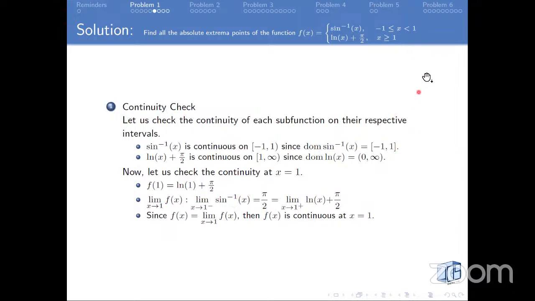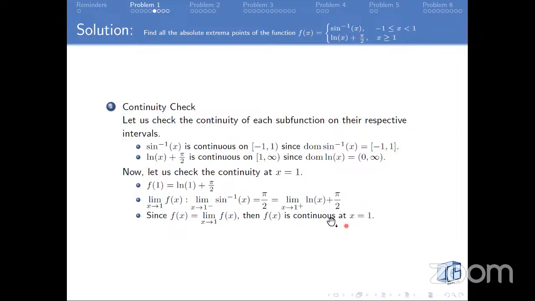Well, kung titingnan nyo lang yung unit circle, alin doon yung angle doon yung mag-give ng value na 1. Pag nag-sine of angle ka, magiging 1 siya. So ang magiging sagot doon ay pi half.